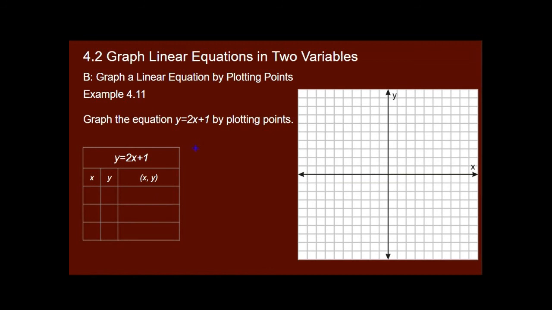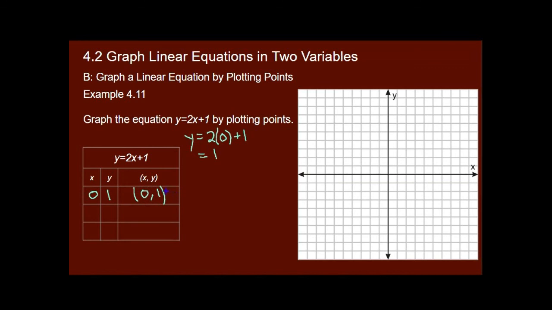We can pick any value of x to put in here. I would suggest starting with 0. 0 is an easy place to start, because when you multiply your coefficient times 0, it's going to turn into 0, and then you get y equals 1. So I put 0 in for x and I got y equals 1. So my ordered pair is (0, 1).